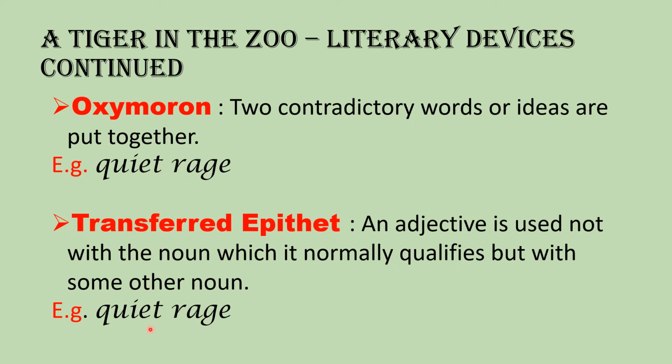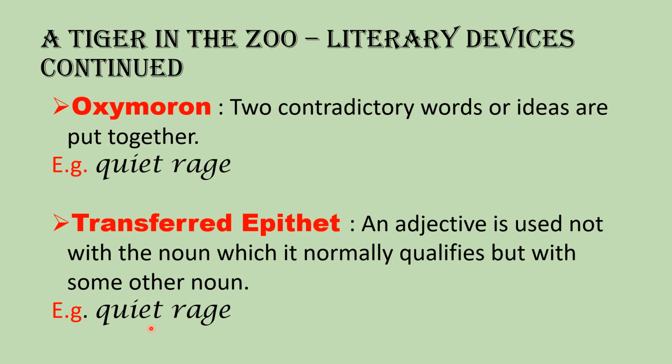Now what is transferred epithet? Let's understand with the help of an example here. The word quiet is an adjective and rage is anger, that means a noun, an abstract noun. Anger cannot be quiet, as I told you earlier, it is always associated with noise, whereas quiet is associated with silence. Now in the poem, who is silent?